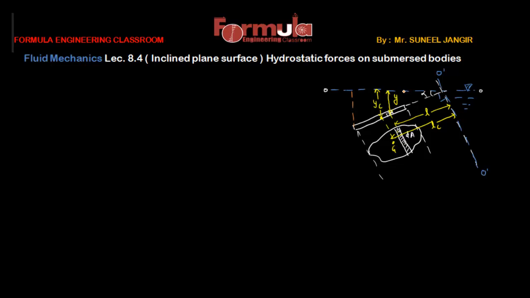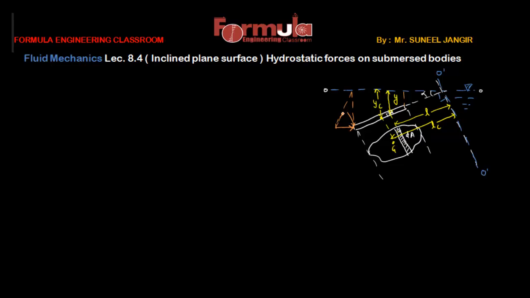So at this point according to hydrostatic law, this is the pressure intensity. And according to Pascal's law, the pressure at a point remains the same in all directions. So the pressure intensity normal to this plate at this point will also have the same magnitude, but in this direction, that is normal to the plate. So I'm saying this is P here.